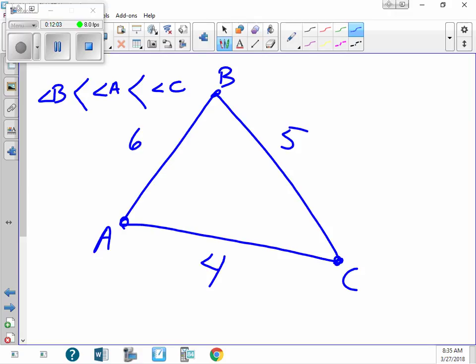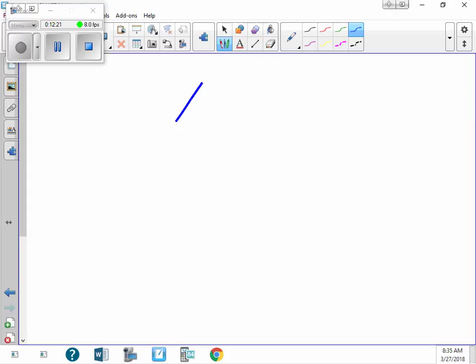They match up with the sides. Okay, so the small side is opposite the small angle, the middle side is opposite the middle angle, and like that. Okay? All right, and then we're going to go backwards.